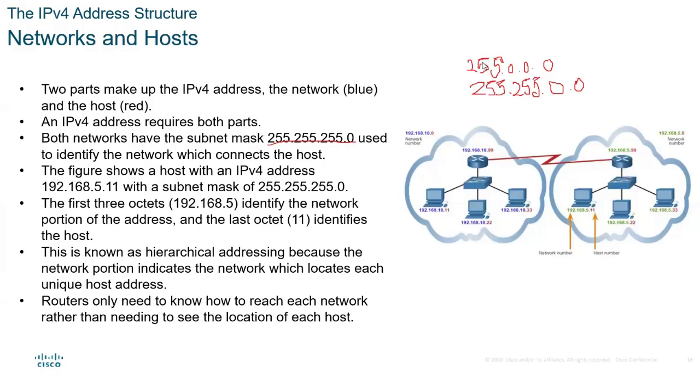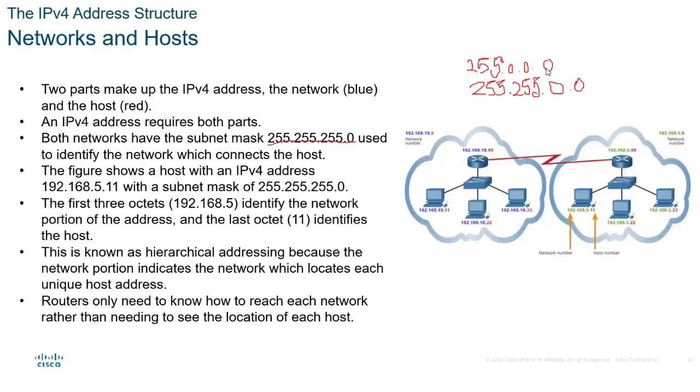If you have this first one, 255.0.0.0, it means for computers on the same network that has this subnet mask, the first octet for all the systems on that network must be the same. Then the last 3 octets may be different.